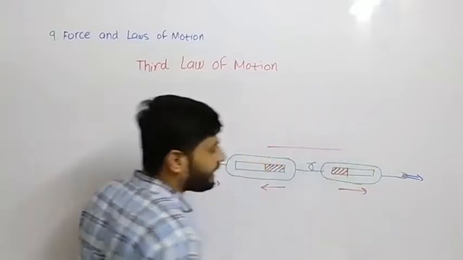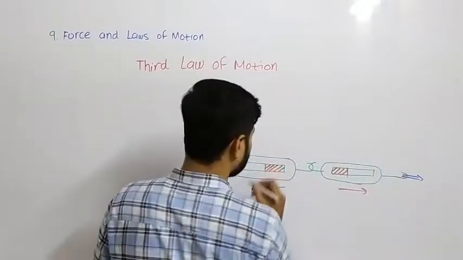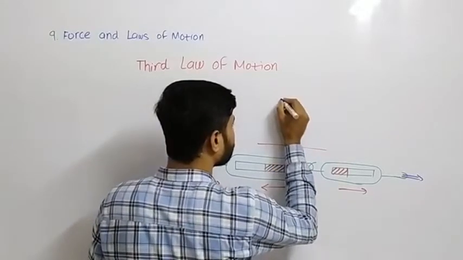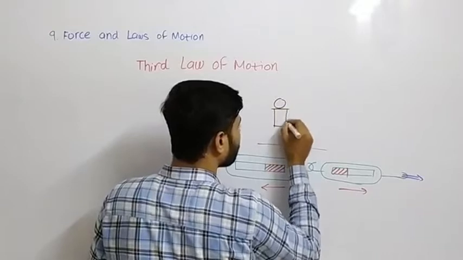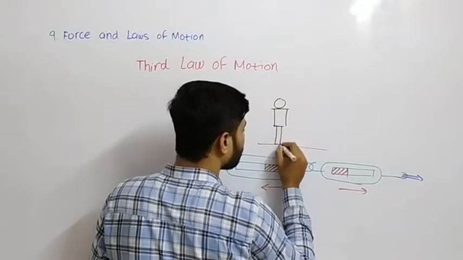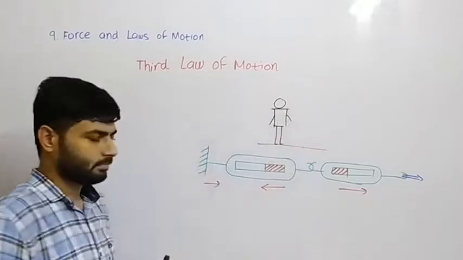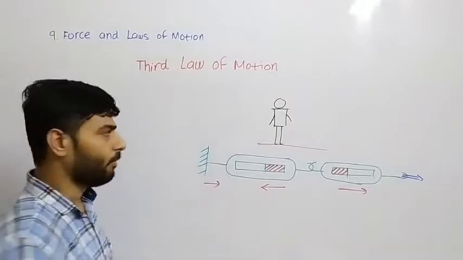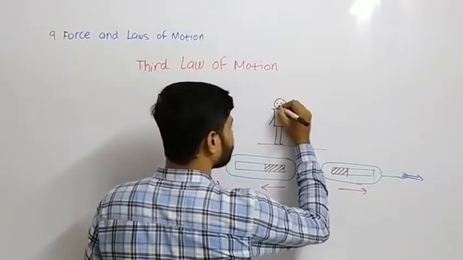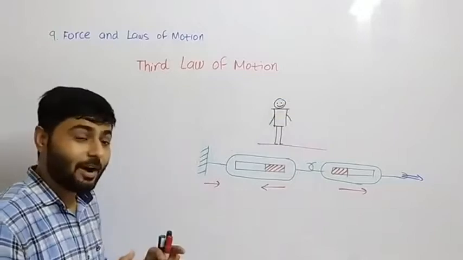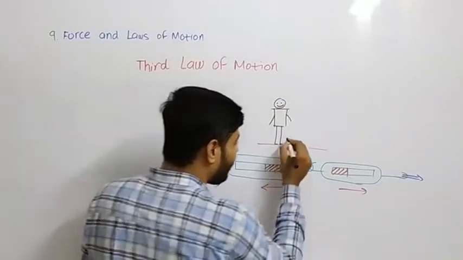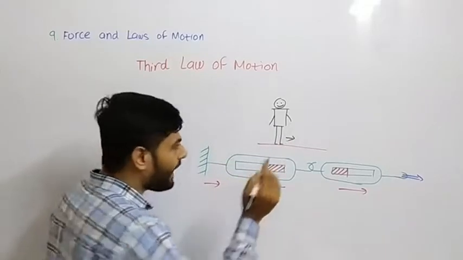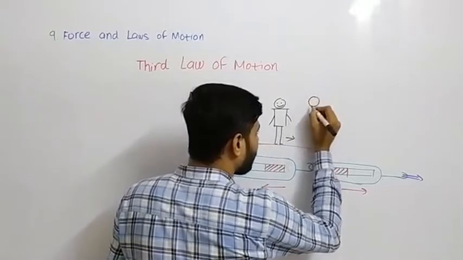Let me try to explain with a figure. Consider this figure. I am standing here with a happy face, and now I want to move ahead in this direction. What I need to do is, I will look like this now.